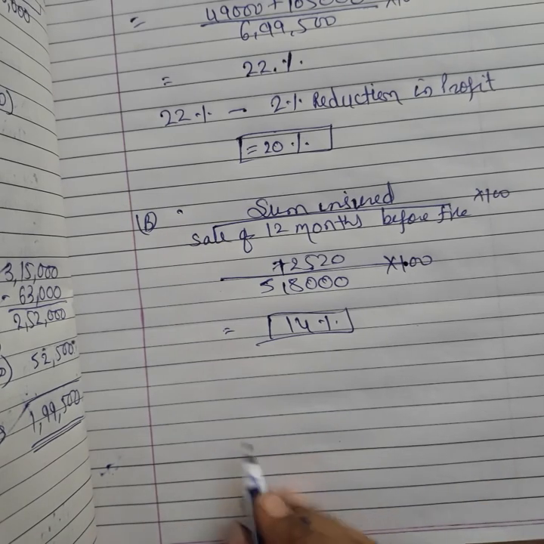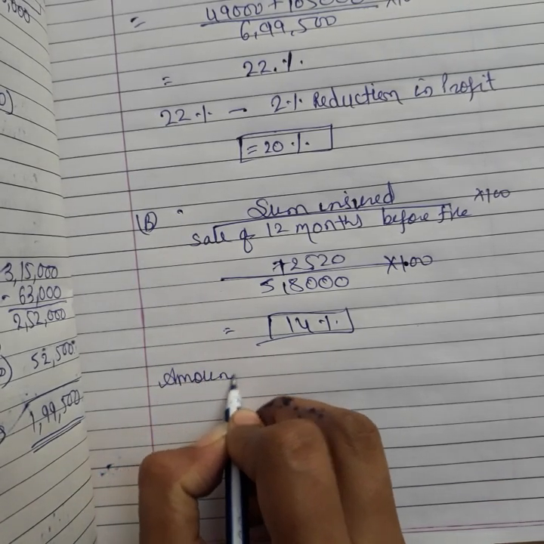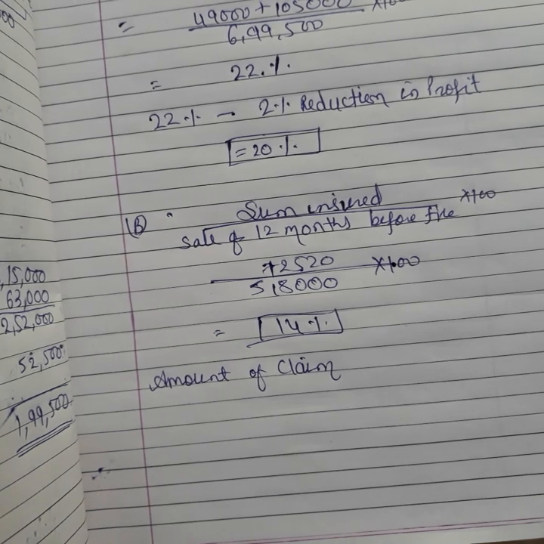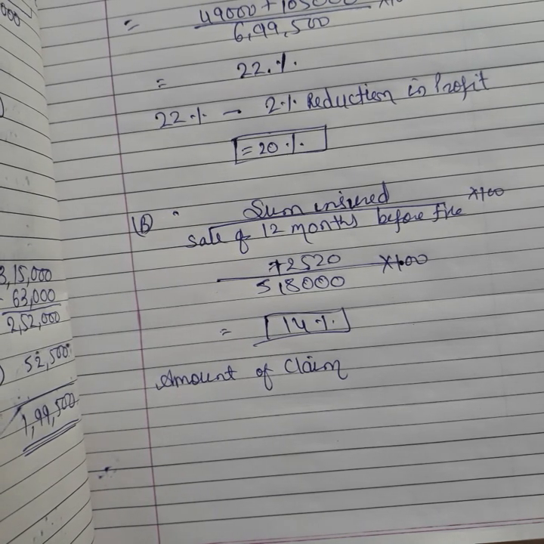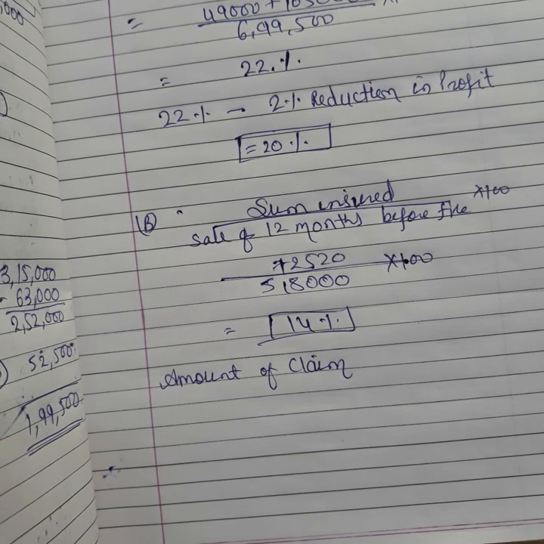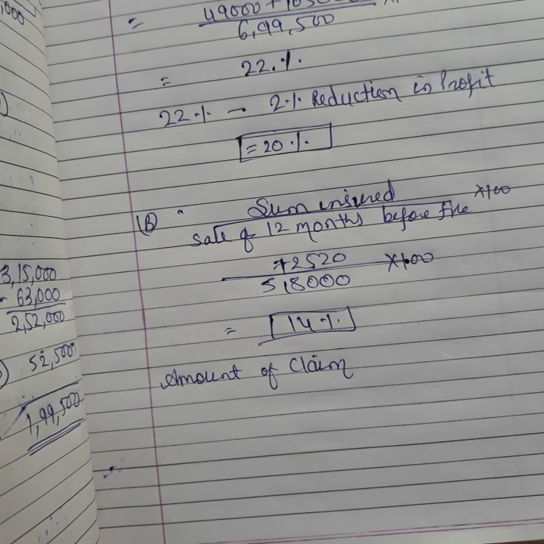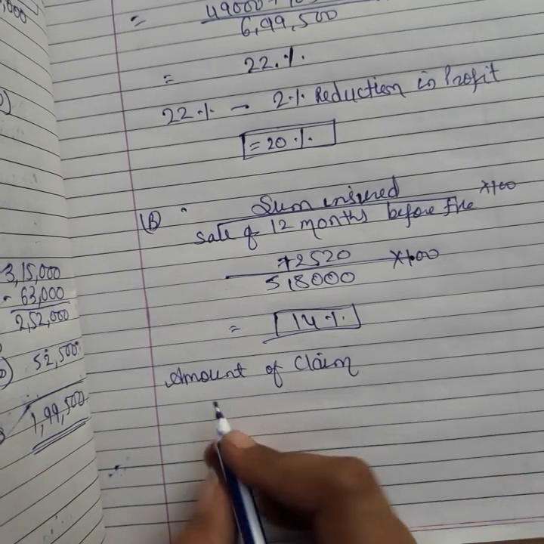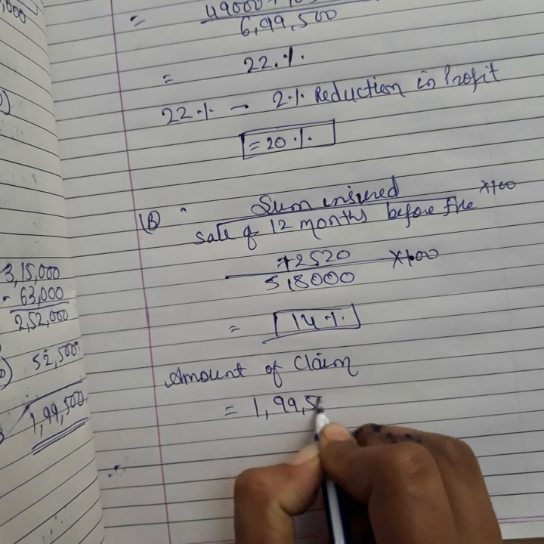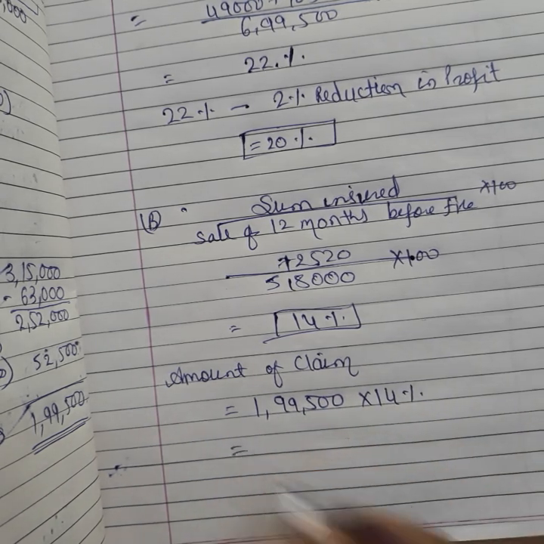Okay, so the amount of claim will be, let me check it once again. So short sales is 1,99,500 into 14%.